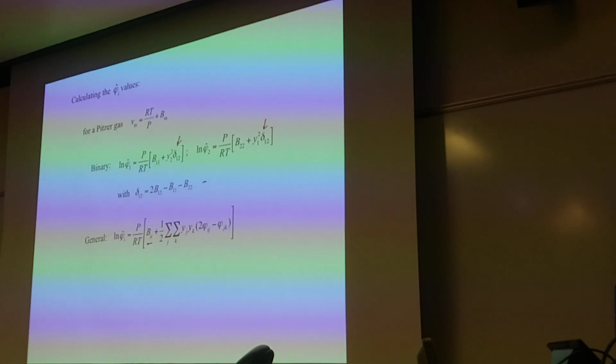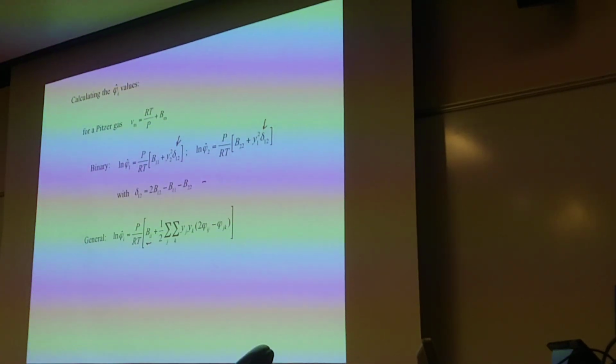So here I've got 2 delta ij minus delta jk. And if you take the trouble to write that out, even for something as simple as a ternary, it's pretty tedious. And if you get more components than that, then even worse. Of course, you could set it up on a computer spreadsheet and then it would be okay, but that would be pretty tedious to even set it up.